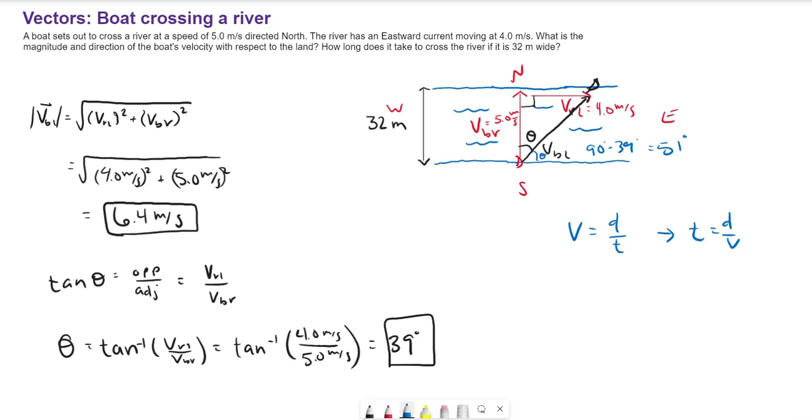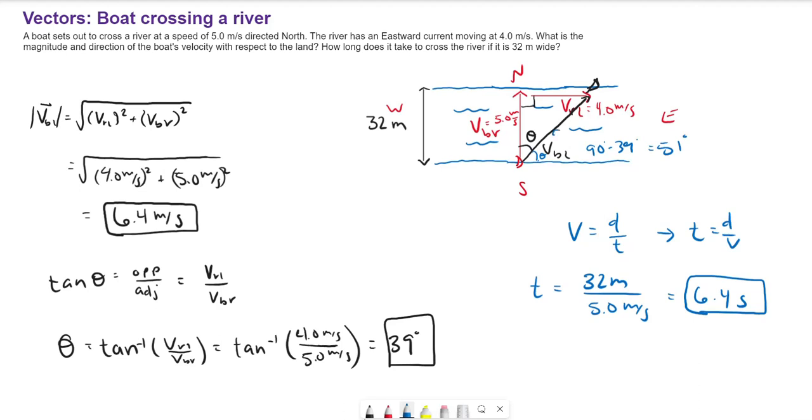So in our case, our time is equal to 32 meters divided by VBR, so that's 5 meters per second. And this is going to give us 6.4 seconds. You should get the same answer if you were to use the horizontal distance that the boat has moved with the horizontal component of velocity, or if you happen to know the actual distance that the boat traveled with respect to land.